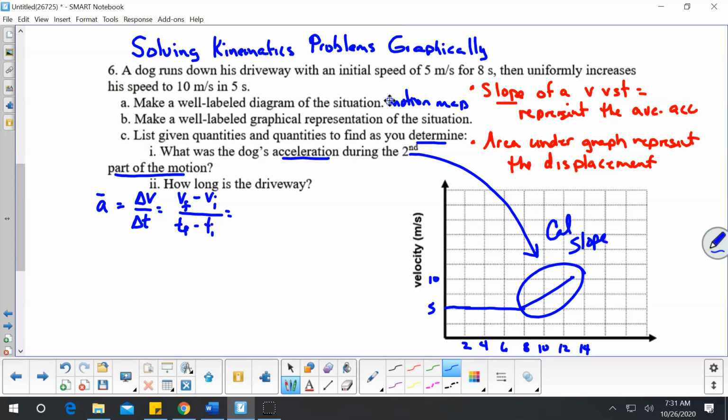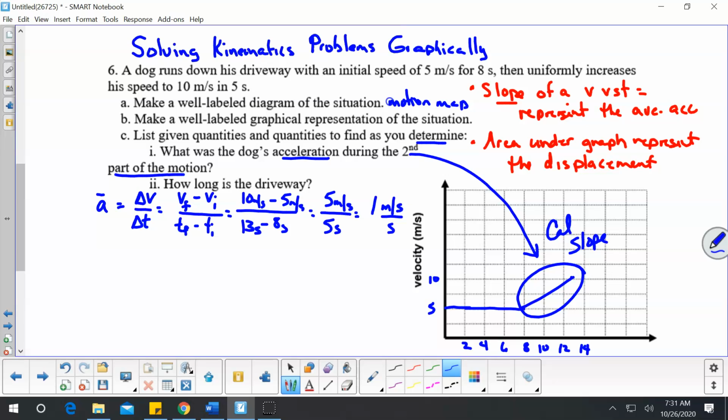The time final is 13 seconds minus the initial time of 8 seconds when it started to do this, and the velocity final is 10 meters per second minus 5 meters per second. So we get 5 meters per second divided by 5 seconds. We have an acceleration of 1 meter per second each second. That means he's increasing his velocity every second by 1 meter per second.